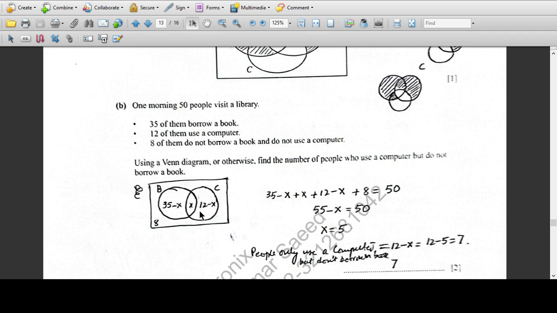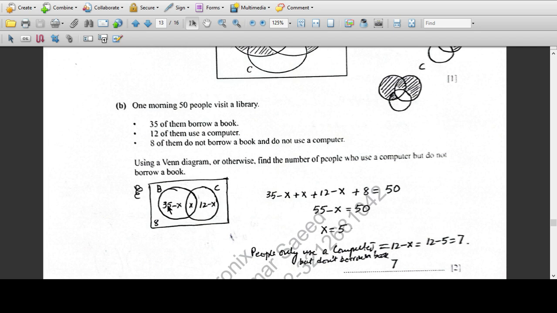So this region is 12 minus x, because 35 of them borrow a book. This whole circle is 35 for book and this whole circle is 12 for computers. But the overlapping region, the people who use both computers and books, is this part x.